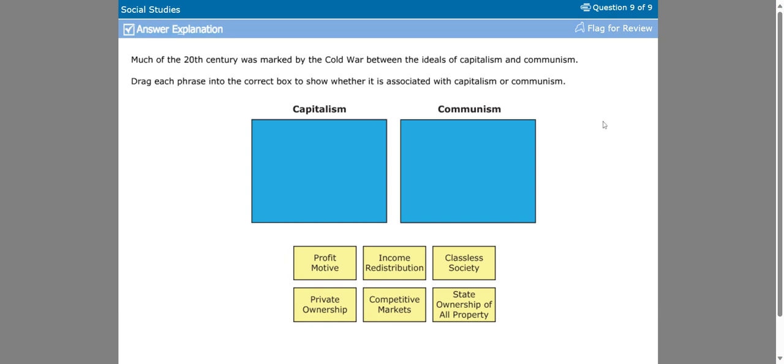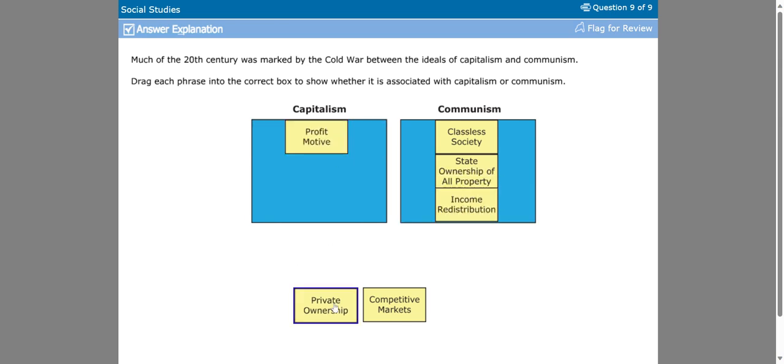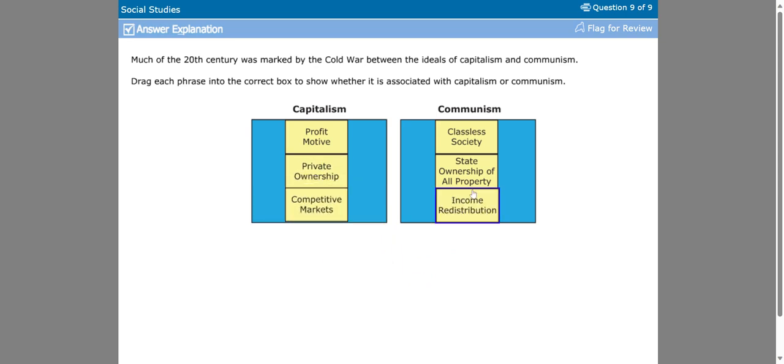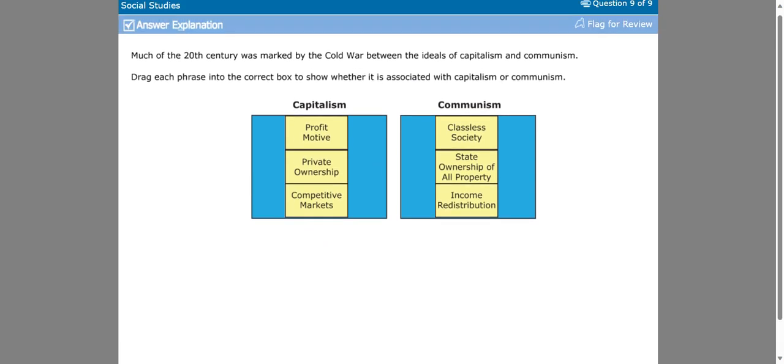And so this is one of those where they just expect you to have the background knowledge to understand the difference between capitalism and communism. And so, right, writers, again, just a glimpse at sample questions on the GED for the social studies question.